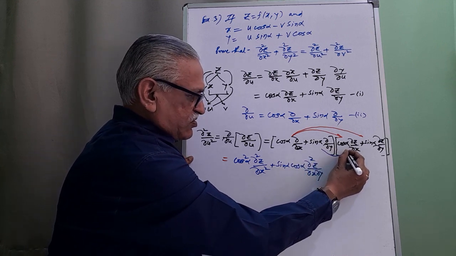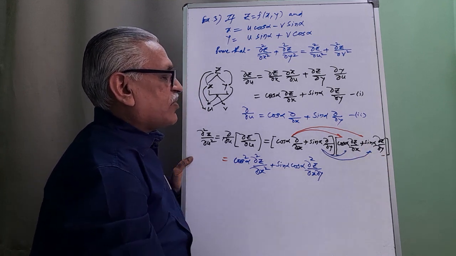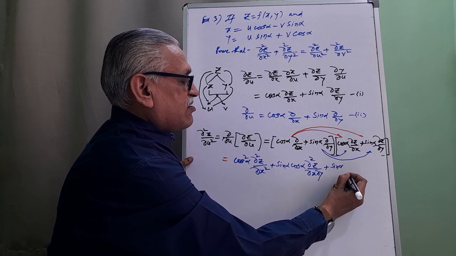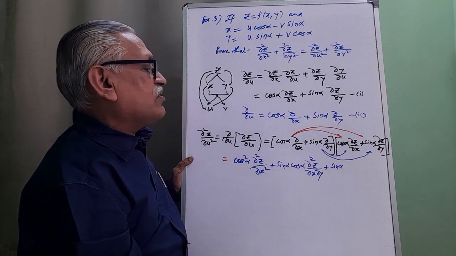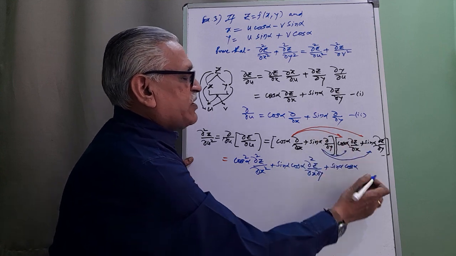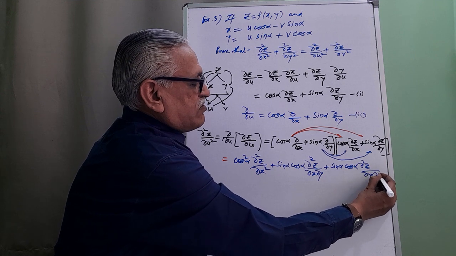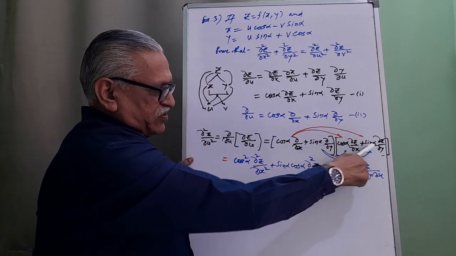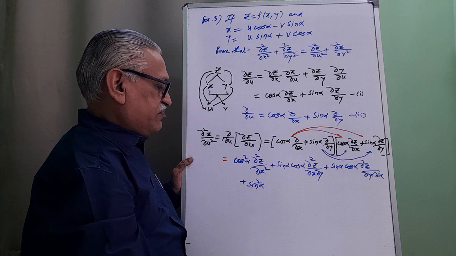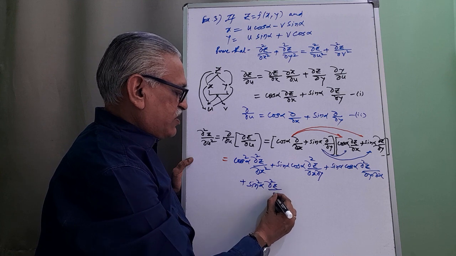Then operating this on this, we get sin alpha into cos alpha, dou by dou y of dou z by dou x, that becomes dou 2z by dou y dou x. Then this on this we get sin square alpha, dou by dou y of dou z by dou y, that becomes dou 2z by dou y square.